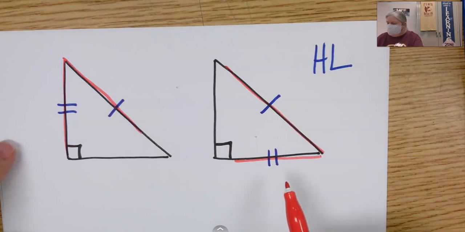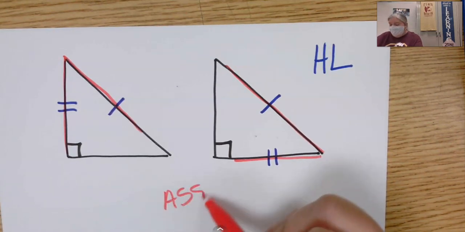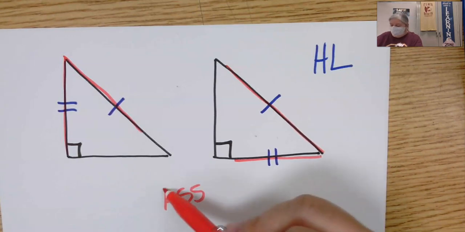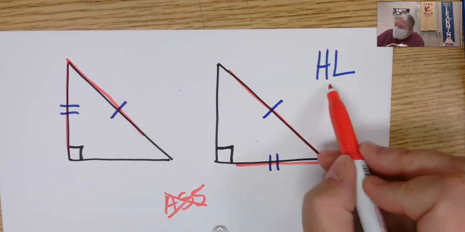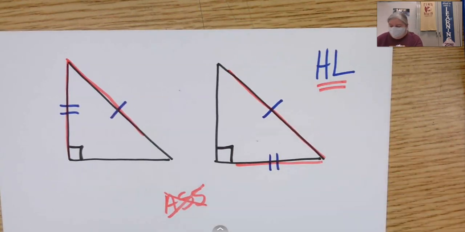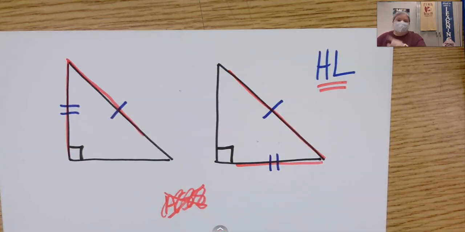That would mean it can't be SAS because the A is not in between the two S's. So that would have to be ASS, which we're not allowed to use because it only works for right triangles. So that's why we call it HL. So HL is kind of like ASS, which only works if you have right triangles.